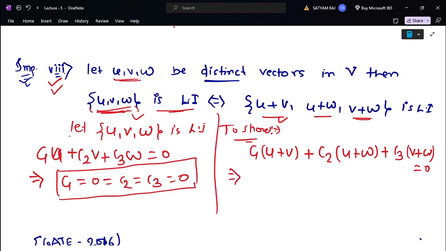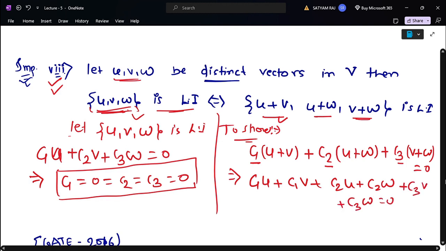Now our aim is to prove c1 is 0, c2 is 0, c3 is 0. So we have c1 u plus c1 v plus c2 u plus c2 w plus c3 v plus c3 w equal to 0.